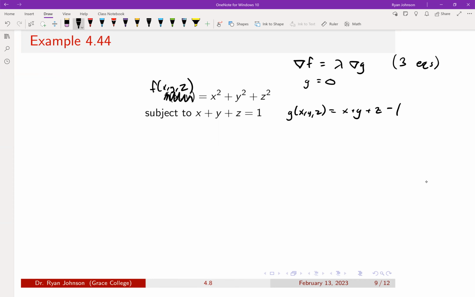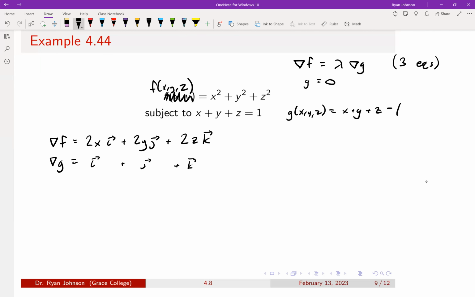And so then that means that the gradient of f is going to be 2x i plus 2y j plus 2z k, and the gradient g is going to be i plus j plus k.